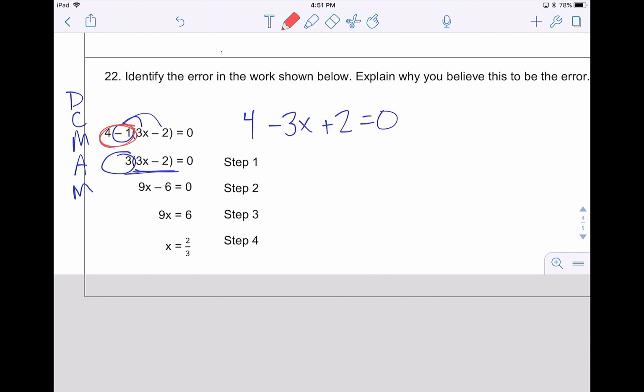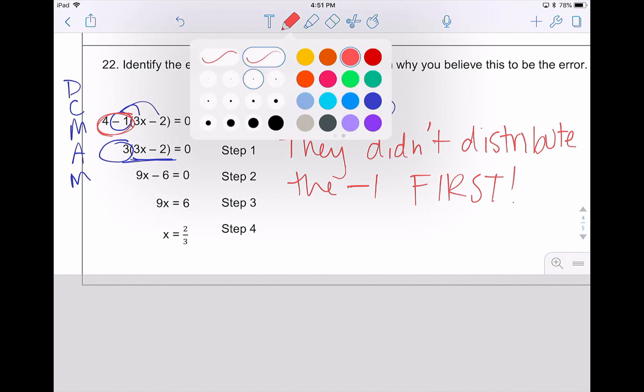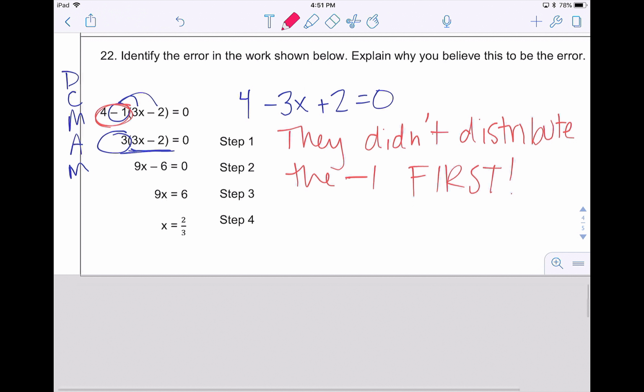So the error is they didn't distribute the -1 first. If you wanted to go into more detail to remind yourself what they did wrong, because we do see this mistake a lot, they took the 2 numbers in front and completed the subtraction before getting rid of the parentheses.